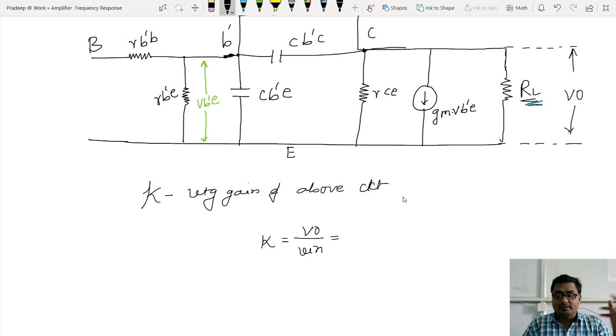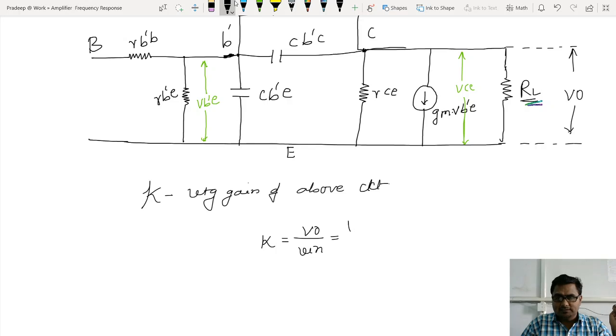Now in above circuit, what is output voltage? Output voltage is the voltage across load resistor. This is nothing but your output voltage. If I want to consider only transistor, then output voltage means VCE, that I am writing in small letters vce.